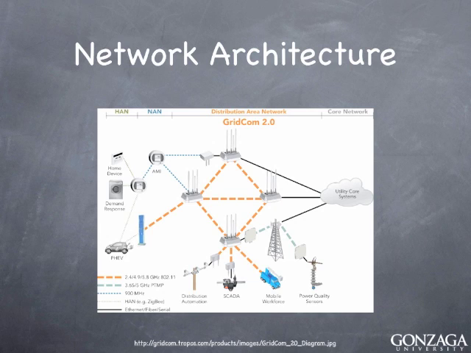The reference at the bottom of the slide comes from Tropos. Tropos is a communications manufacturer that we've partnered with in terms of building out the field area network. Now they term it the distribution area network on this slide, but that is not in line with what NIST has chosen to name it.